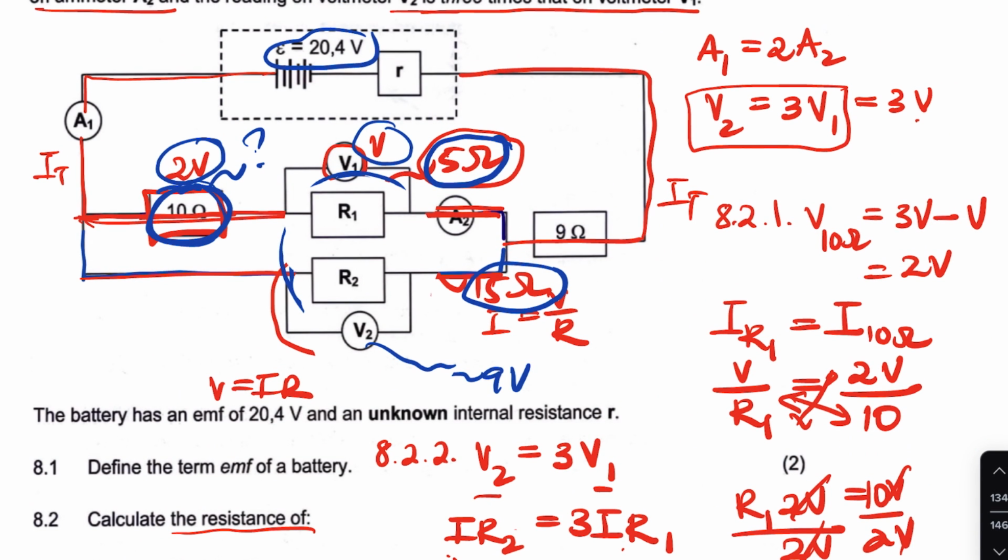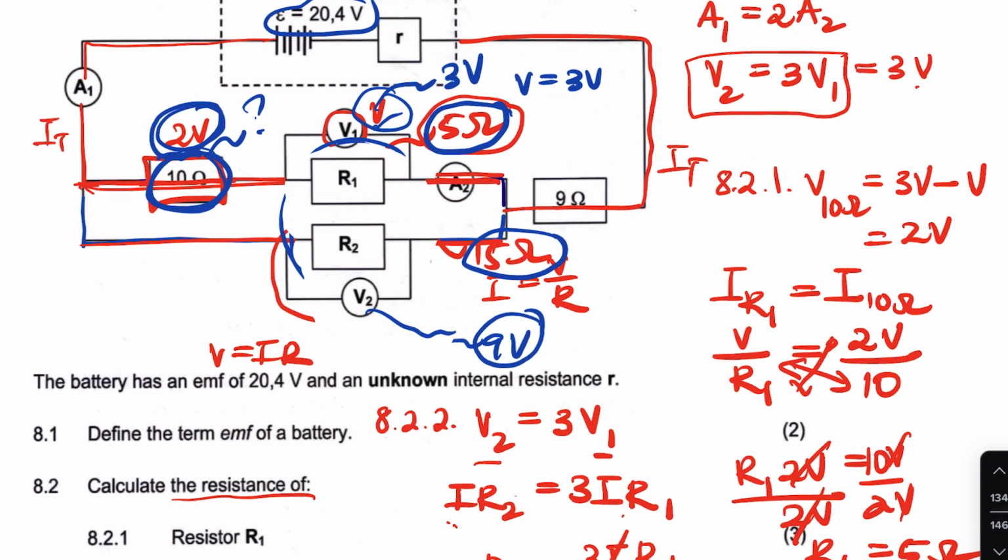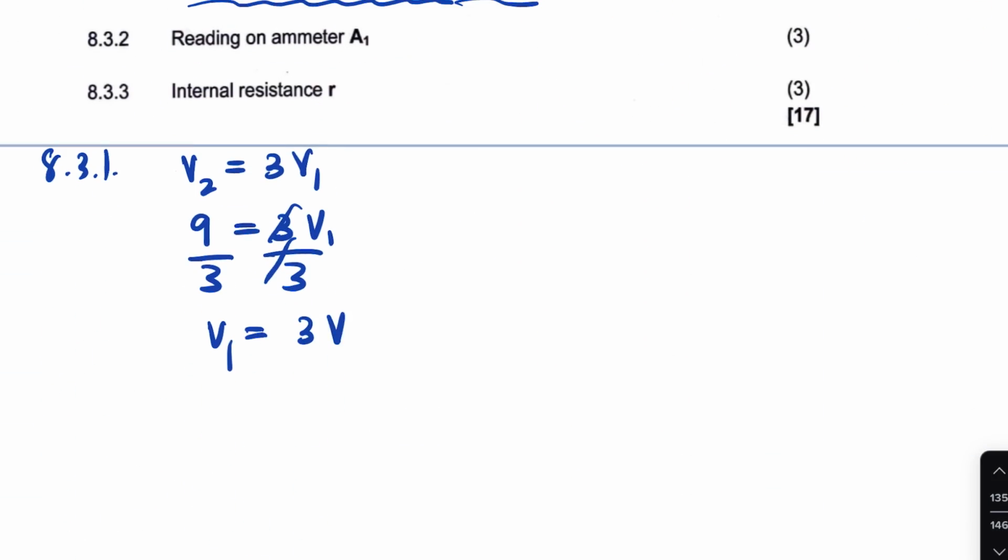So the voltage here in V1 is 3 volts. Here it's 9 volts, and then this one is 2V. So if V1 is equal to 3V, and this one is 2V, that means it's 2 times V. I'm not sure if you get me there.